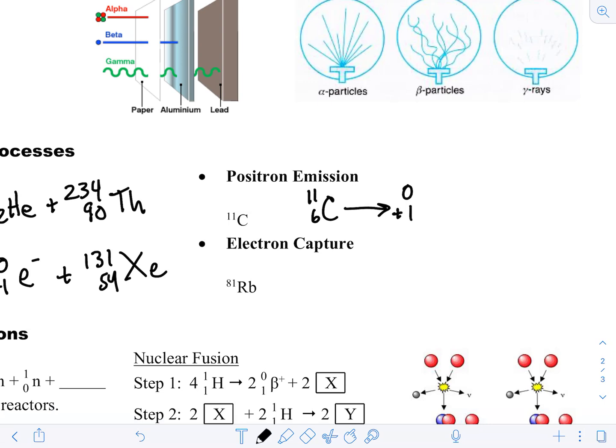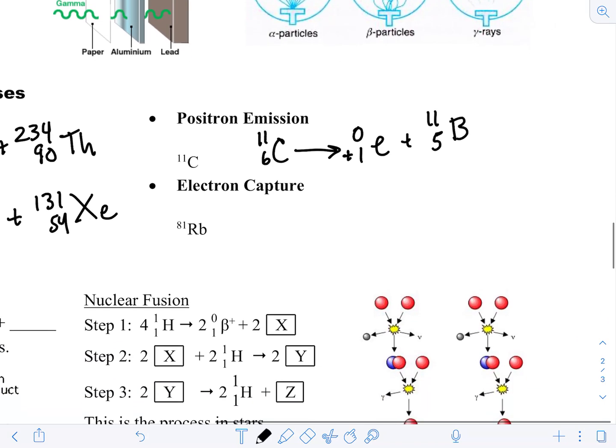And it's actually a positively charged electron. So there's no mass change. It stays at mass number 11. But because of conservation of charge, its atomic number has to go down. So it loses a proton, and as a result it becomes boron.